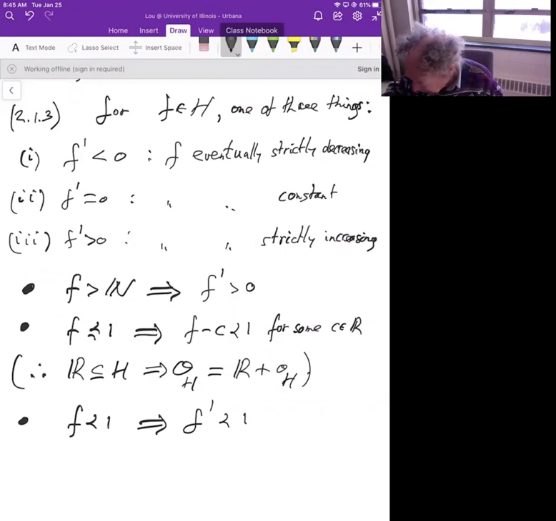It's not a consequence formally of the previous itemized facts, but of course, if you just think about the behavior of differentiable functions, you should be able to easily see that.